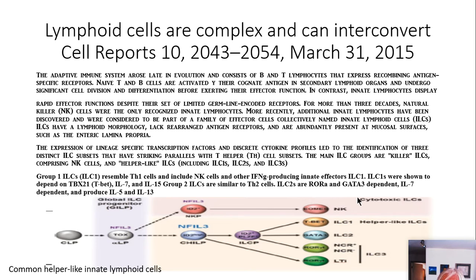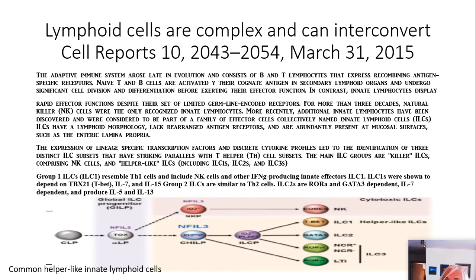Those are transcription factors. That's not ROR-gamma T. That's the retinoic acid orphan receptor alpha lineage of receptors, transcription factors, because they're intracellular receptors going right onto DNA, like GATA3 does. And it'd be dependent on that, right? Interleukin 7 dependent, and they produce interleukin 5 and interleukin 13.